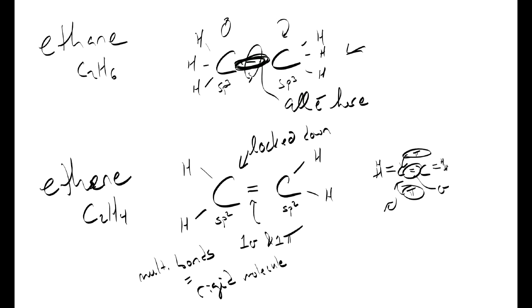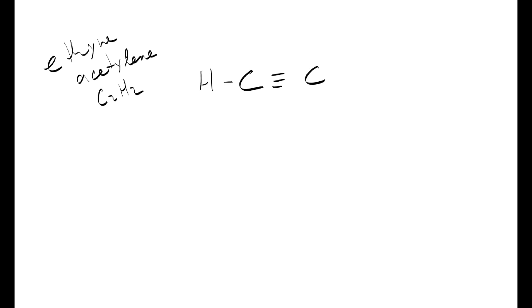And you see the exact same effect, more exaggerated, in ethyne or acetylene. You might recall it is C2H2. It is carbon triple bonded to carbon, right? So each of these carbons, only 2 electron domains, is sp hybridized.